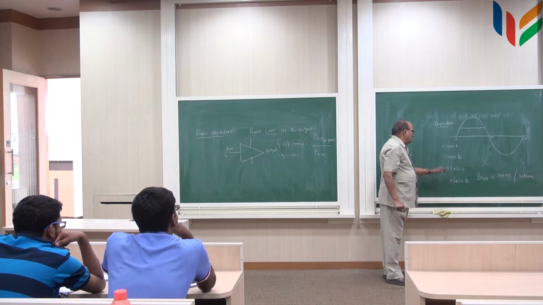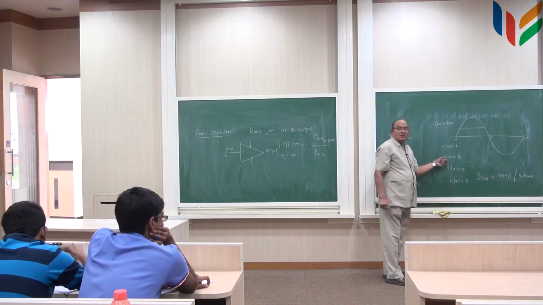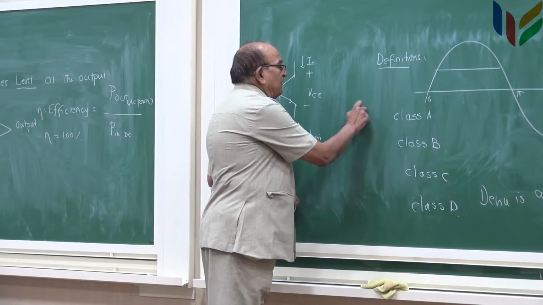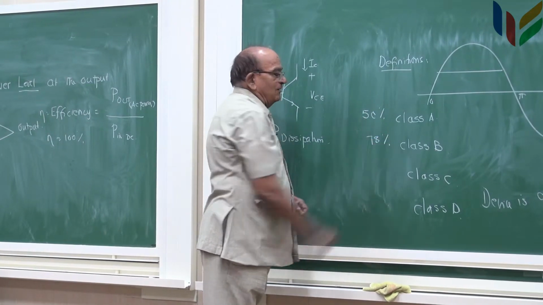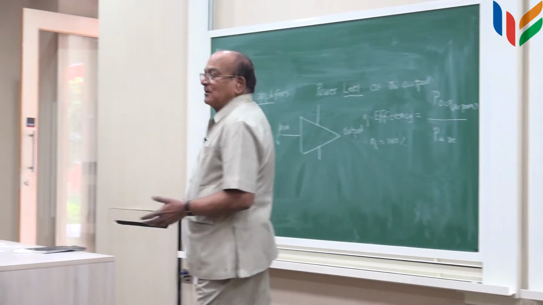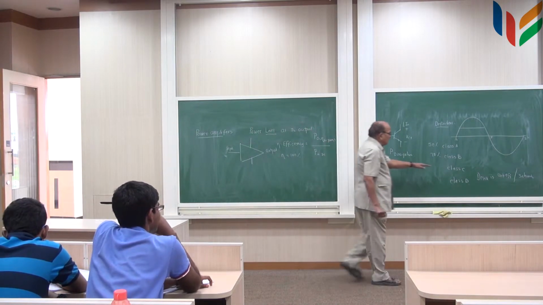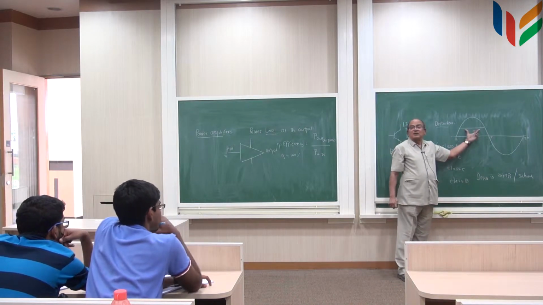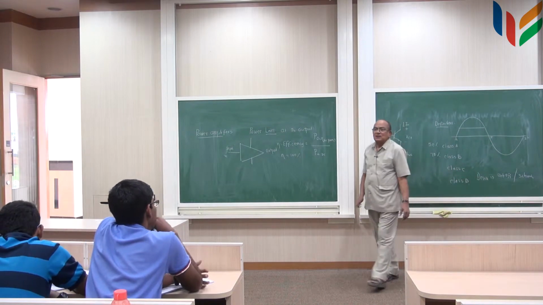However, class C operation has higher efficiency compared to this and compared to this. This efficiency is something like 50%. This efficiency comes out to be about 78%, and class C efficiency is even higher than 78%. I won't go into class C operation, but it turns out that if this angle is around 130 degrees, there is the maximum efficiency for the class C condition.